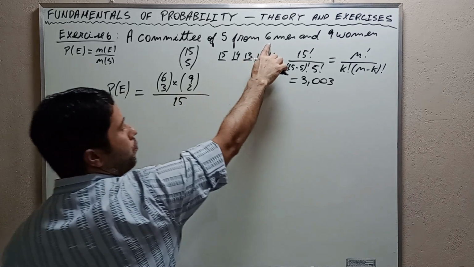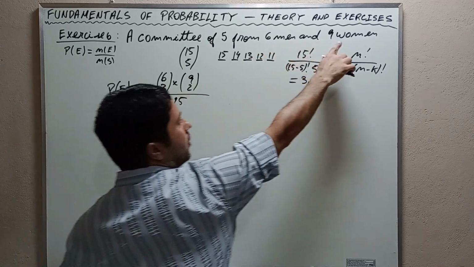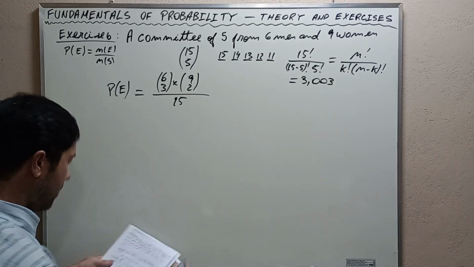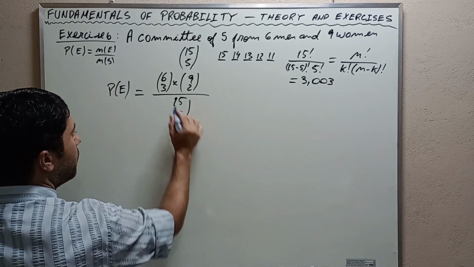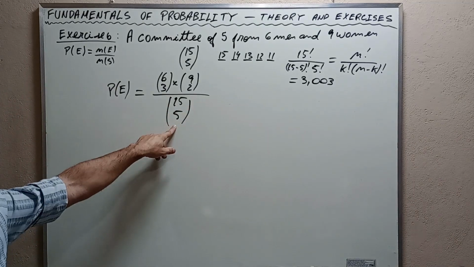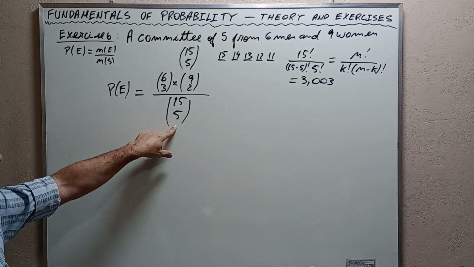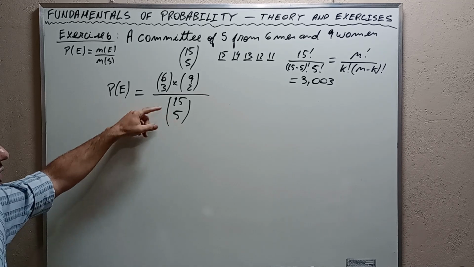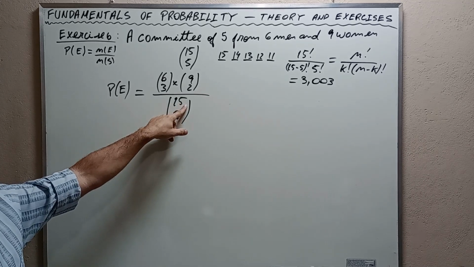Okay, we have a group of 15 people, 6 plus 9, taken 5 at a time, because we have 5 positions for all the people.